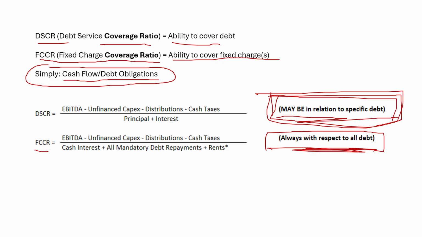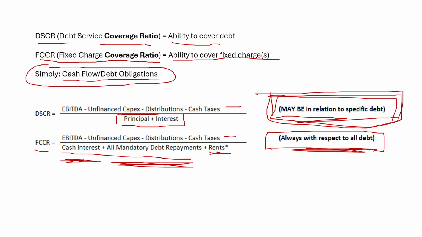Okay, so all debt obligations versus some specific debt obligations, and fixed charge coverage expands to even greater than just the definition of debt. It could also include, in some cases, rents. Right here, you see how the formula on top is exactly the same, but on the bottom for DSCR it's just principal and interest. For FCCR, it modifies that. It says cash interest and then all mandatory debt repayments. So stuff like leases, if it's similar to debt.